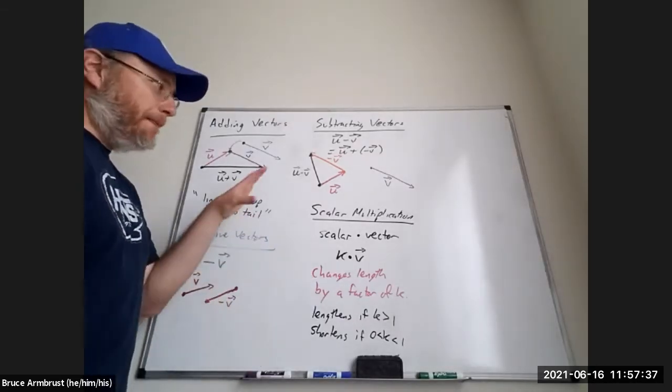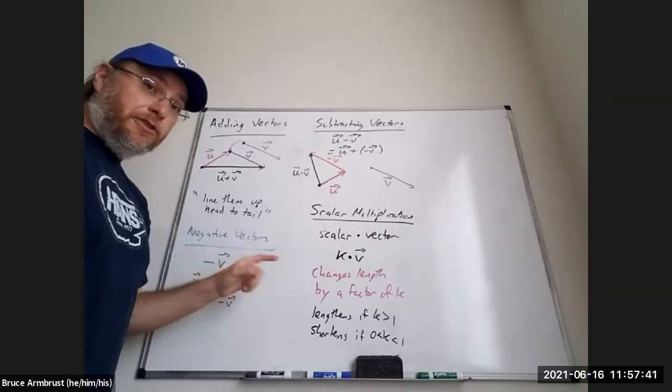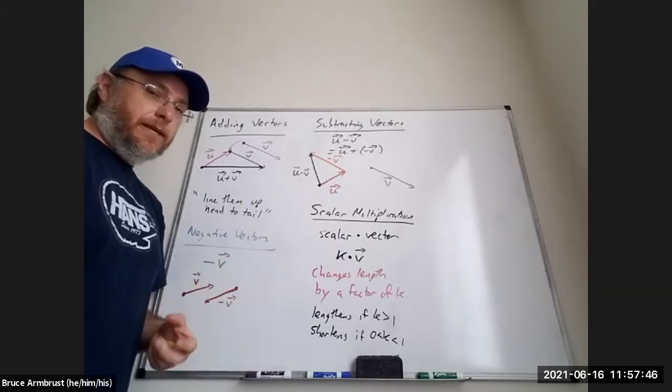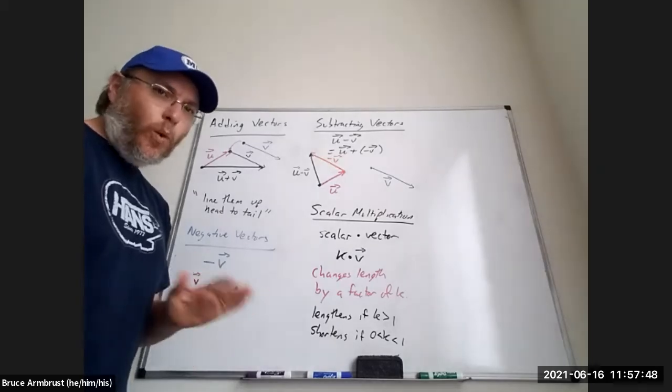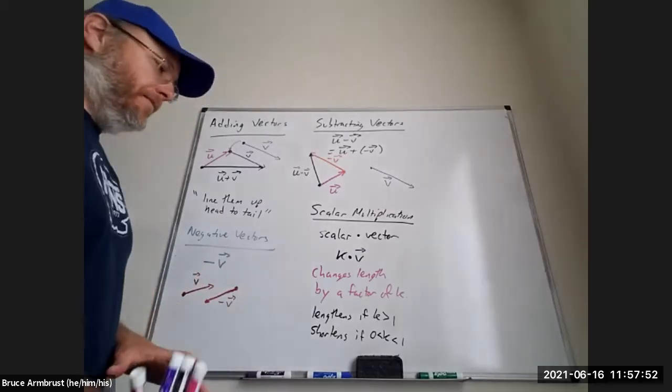Now, this graphical stuff, I don't want to concentrate too much on it. I want to use it to help us get to the algebraic way of doing this, because it's way easier to do these operations algebraically than graphically.